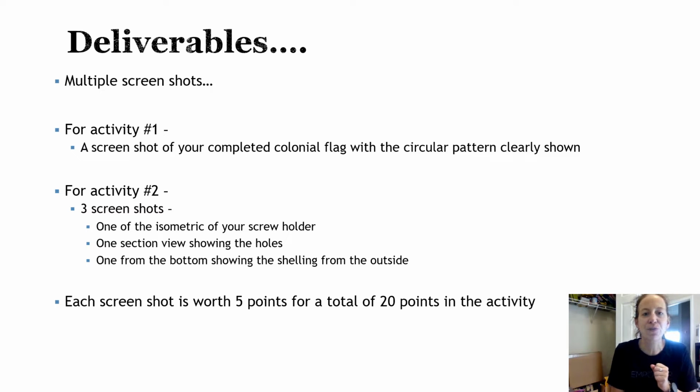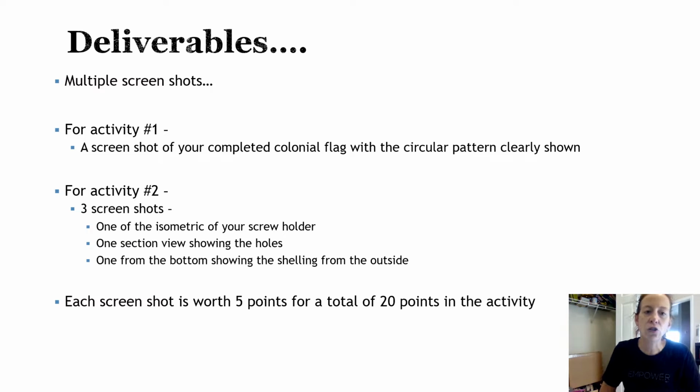So we're going to make a colonial flag, and the goal for that is to really look at rectangular patterns and circular patterns. Okay, we're also going to look at using a construction circle, how to use the trim feature. We're going to use some constraints and so forth.